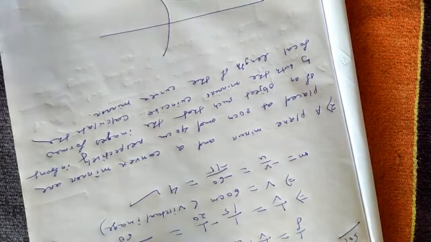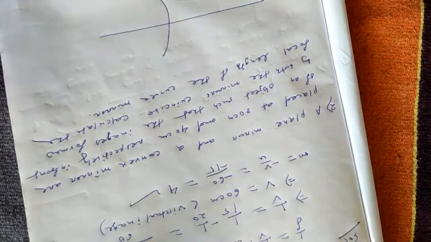PB dash is equal to 30 minus 10 is equal to 20 centimeter. So this is nothing but image distance for the convex mirror. For the convex mirror, v is equal to 20 centimeter.